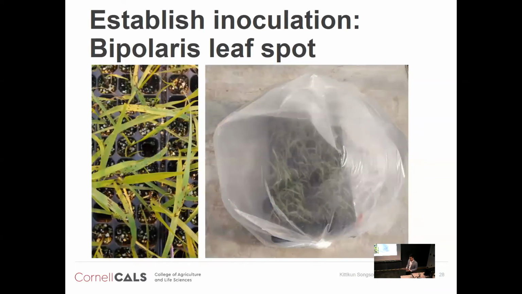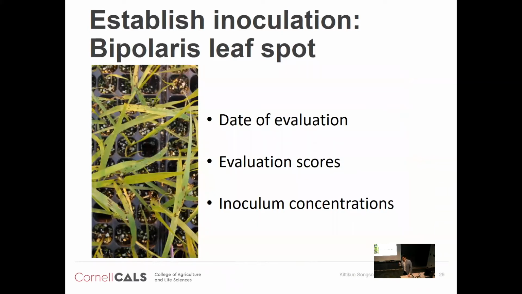The basic method for screening is that I screen the resistance to Bipolaris leaf spot in 4-week-old seedlings. I spray them, cover them with a clear plastic bag for 24 hours, then release them. I determined the condition for when I evaluate the disease and what concentration I use.